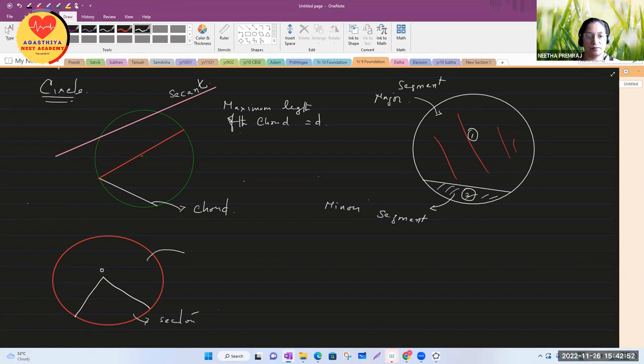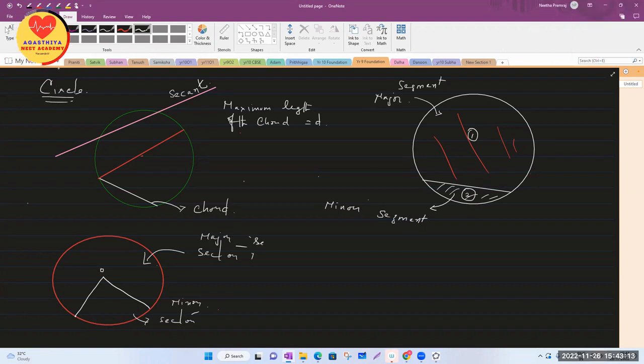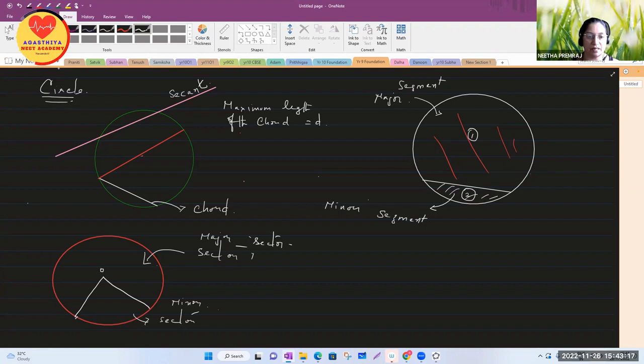What about this part? That is also a sector. As this is bigger and this is smaller, in the same way, this is the minor sector and this is the major sector. Okay, that's it.